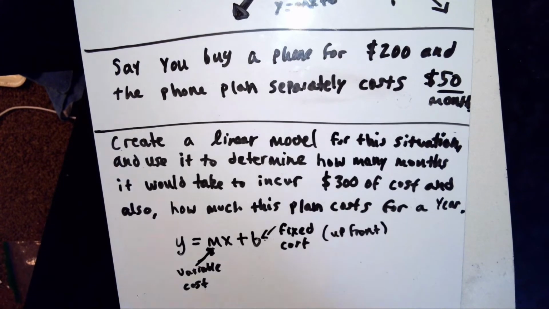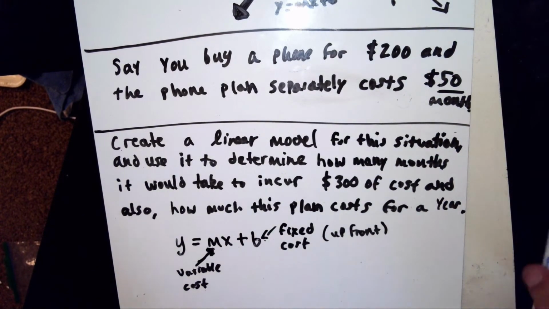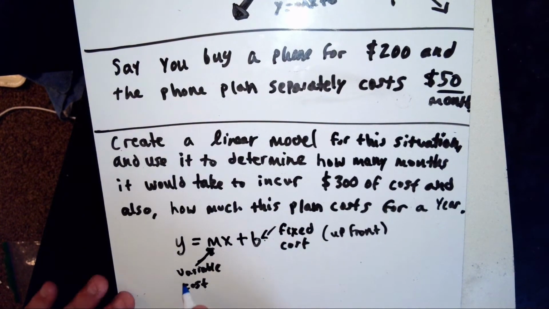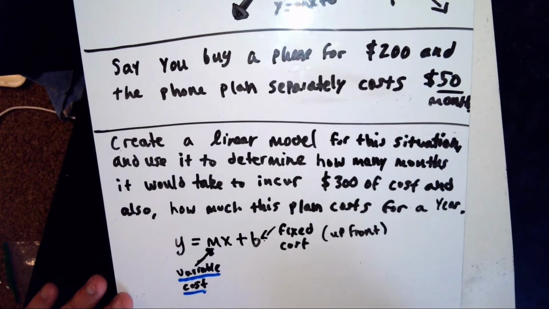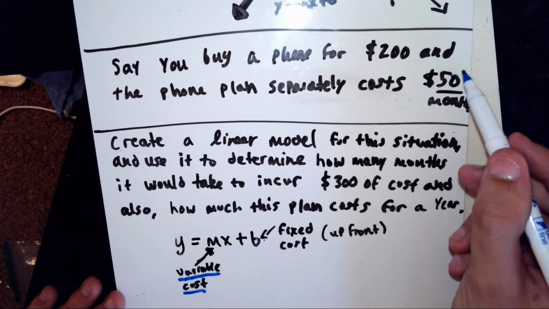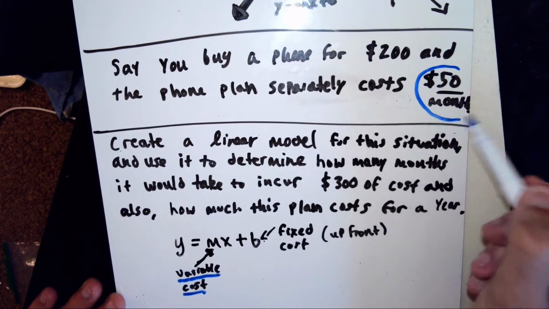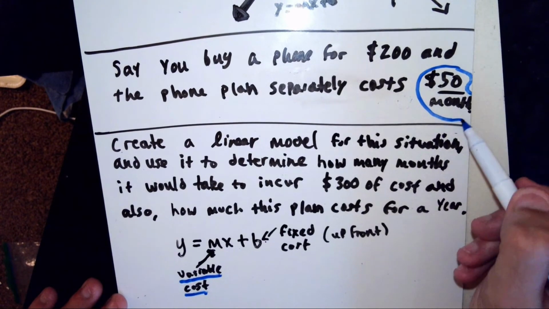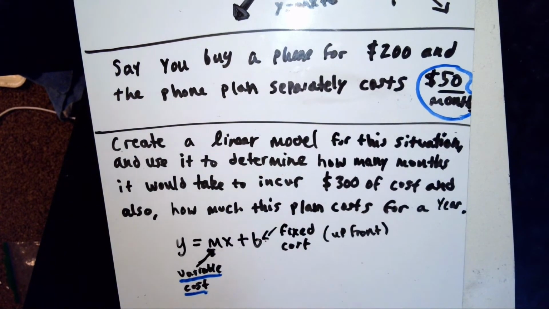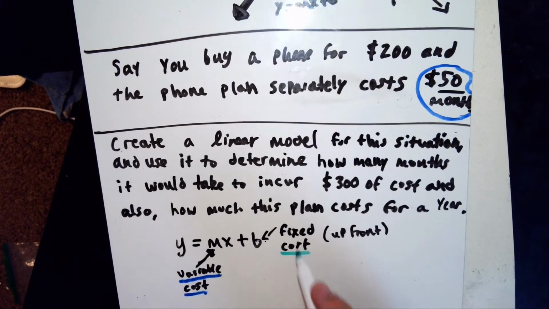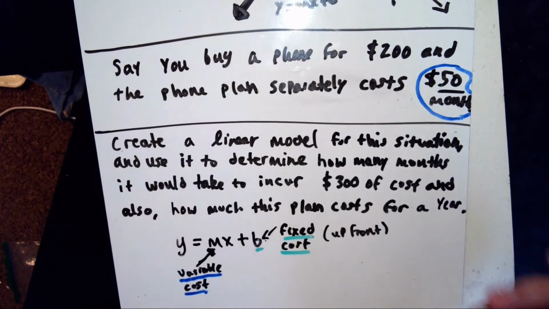So in this particular instance, the variable cost I'll underline in blue. The variable cost corresponds to this $50 a month here. It depends on how many months we have the phone for. And then in green I'll highlight the fixed cost. So the fixed cost, your b, is up here.